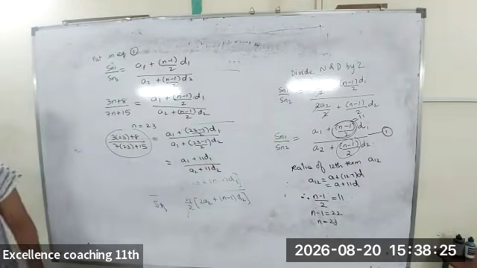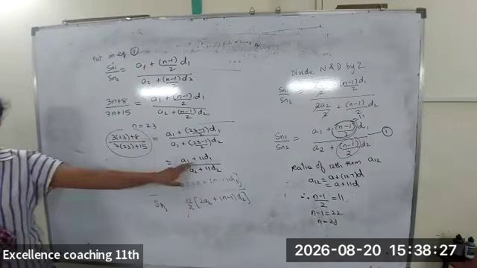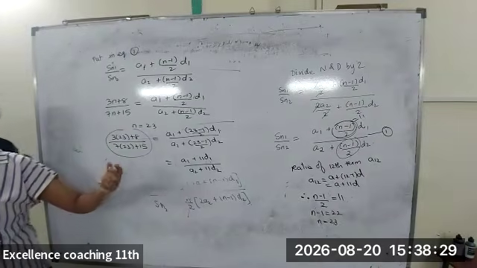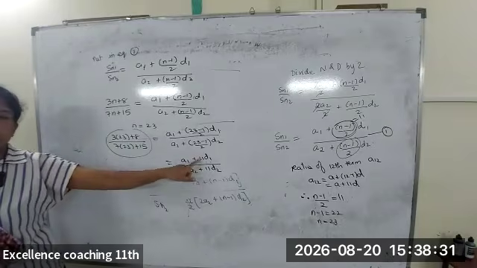Now calculate this. So the ratio of the 12th term was asked. So how do you know it is the 12th term? Because your coefficient there is 11.